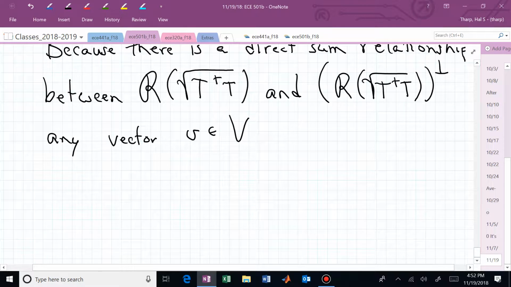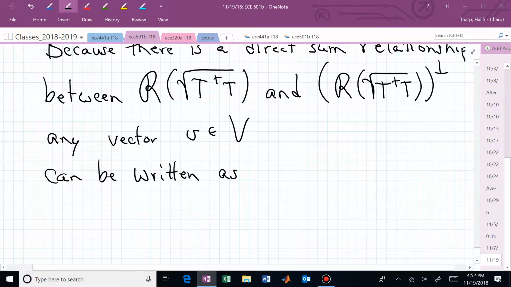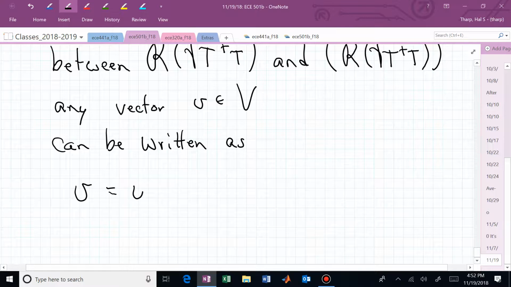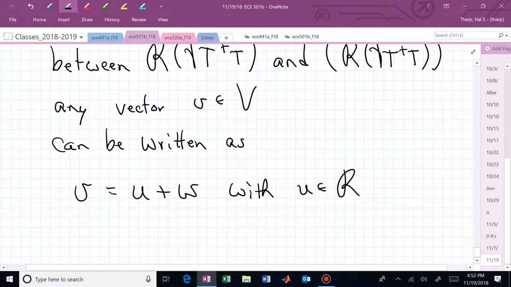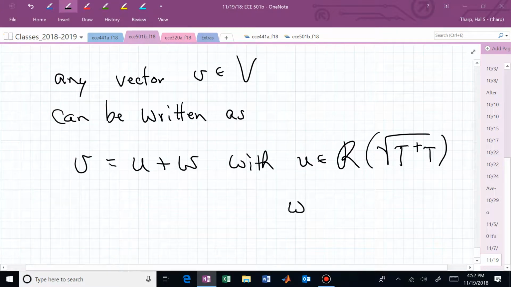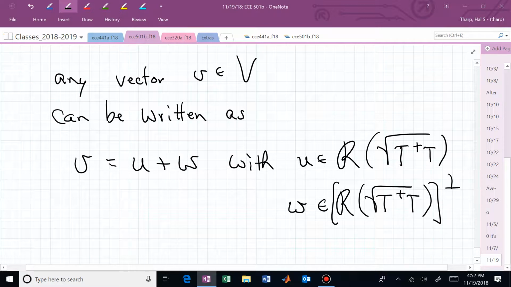This little vector v can be written as v equals u plus w, with, let's say, u belonging to the range of the positive square root of T dagger T, and w living in the orthogonal complement of that range.